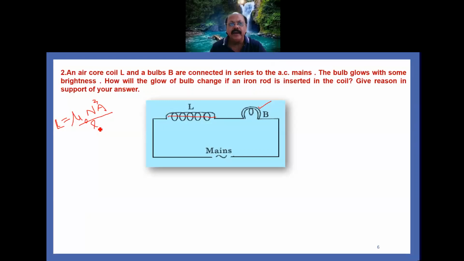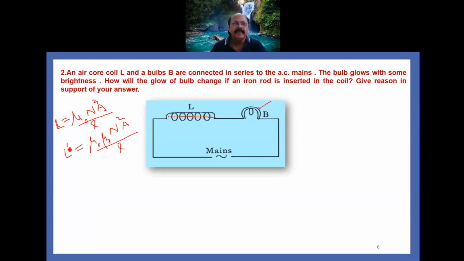Now when the iron rod is inserted, the medium changes, and the formula becomes mu naught mu r n square A upon l, where mu r is the relative permeability. In that case we say that this L is L dash.